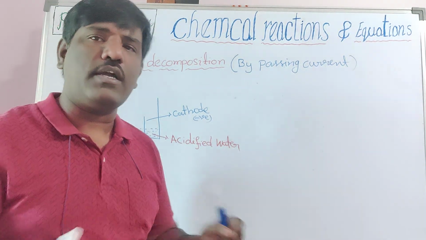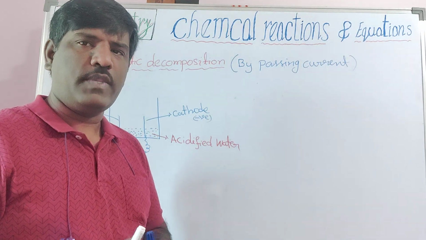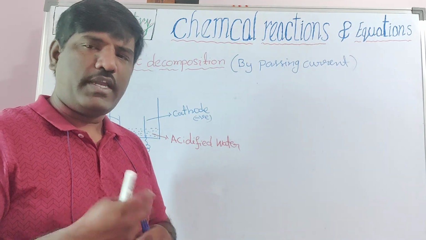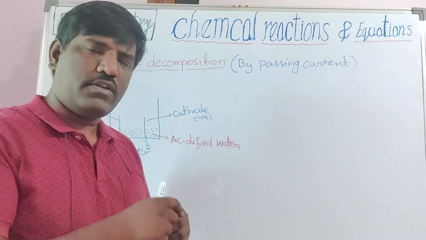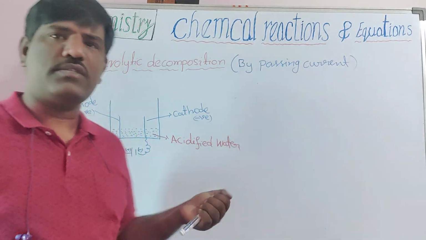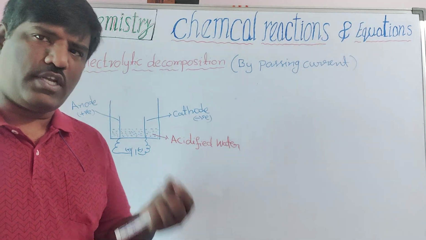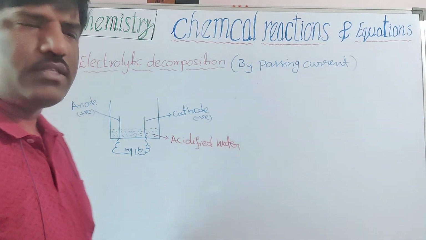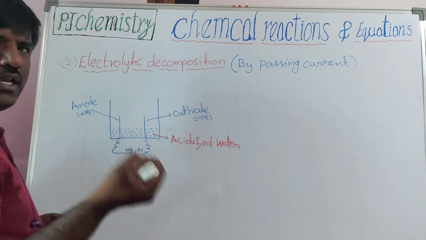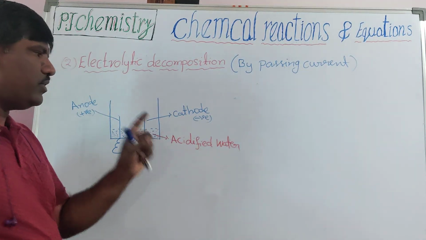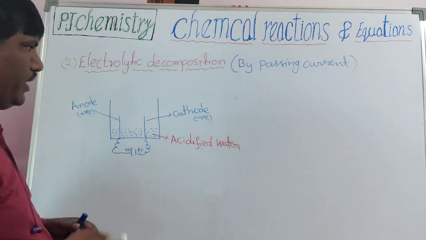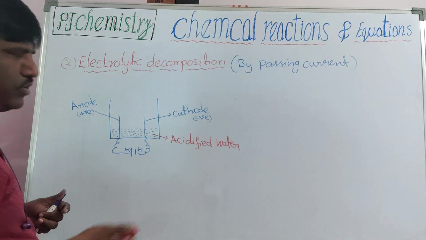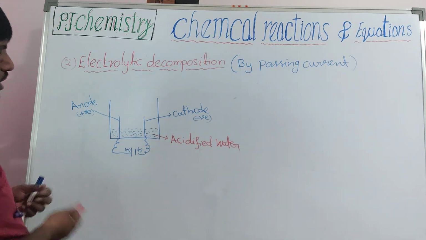Pure water is a bad conductor of electricity, so to make it decompose, current should enter into it. That is why we use 2 or 3 drops of acid, or any salt, but in most cases we prefer acid, either HCl or H2SO4. Only 2 to 3 drops, not more.